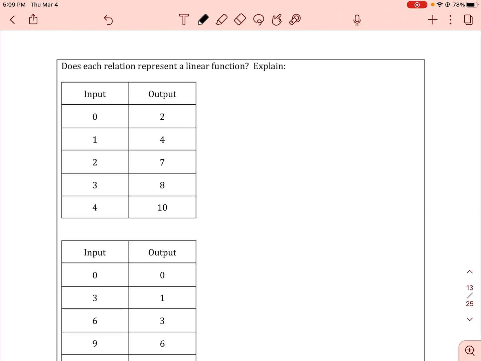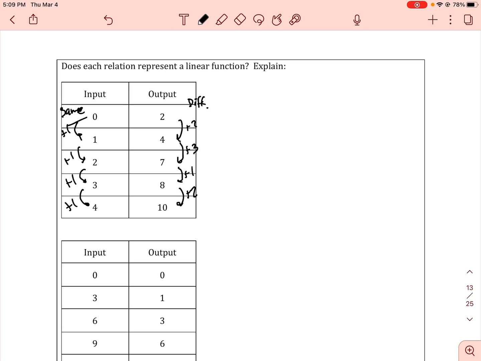Does each relation represent a linear function? And we need to explain. So here I'm going up 2, then I'm going up 3, then I go up 1, then I go up 2. These are all going up at different rates, which is okay depending on what happens with our output. So here I'm going up 1, up 1, up 1, up 1. So these are going up the same.